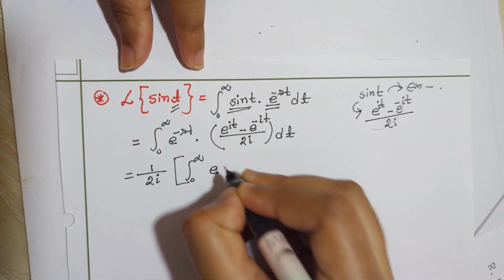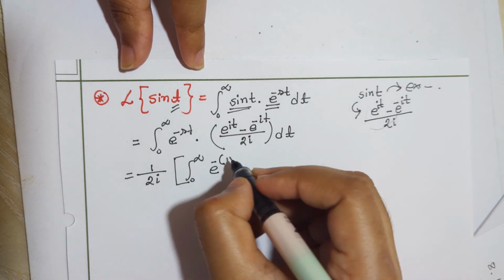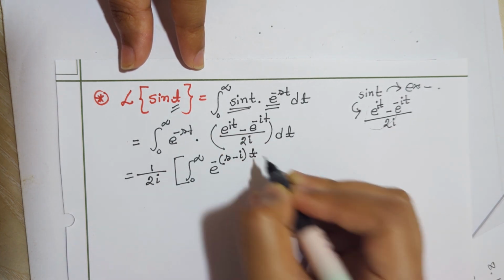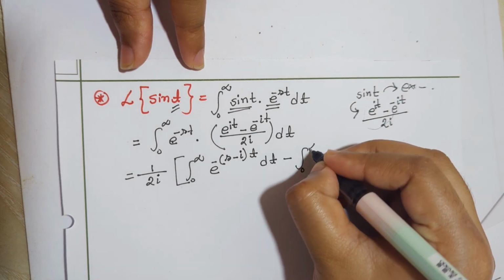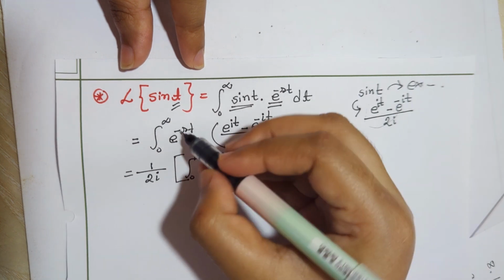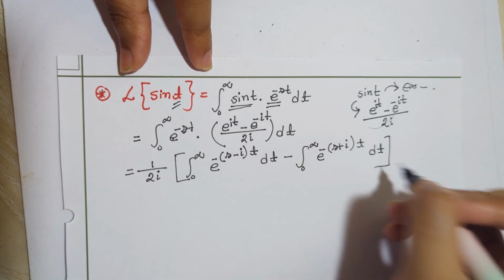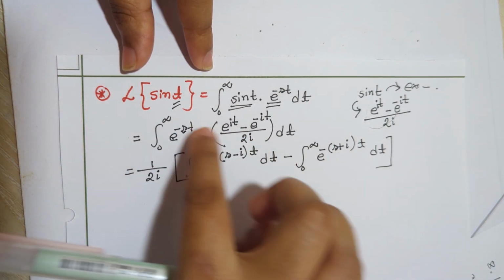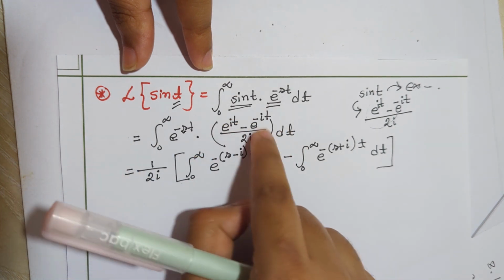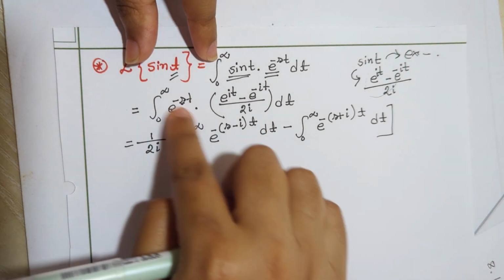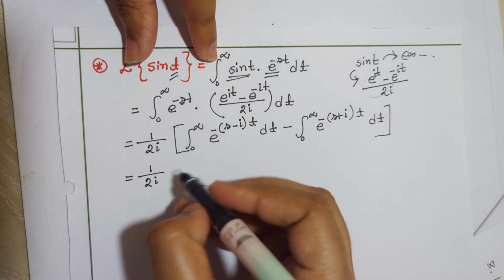We get e to the power minus, taking t as common, s minus i into t dt, minus the integration from 0 to infinity of e to the power minus s plus i into t dt. We just multiply this term with this exponential term and we find two terms as there is a subtraction, and we'll handle the limits for those terms separately to understand the calculation easily.